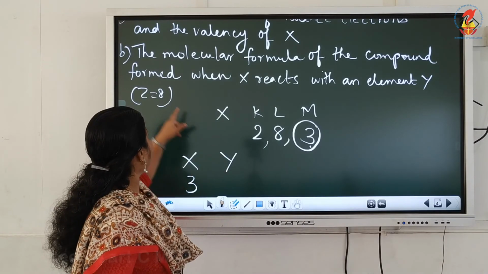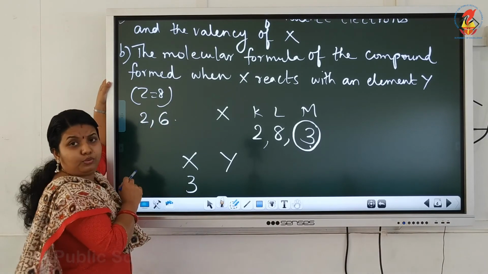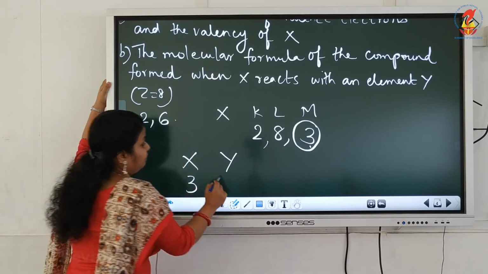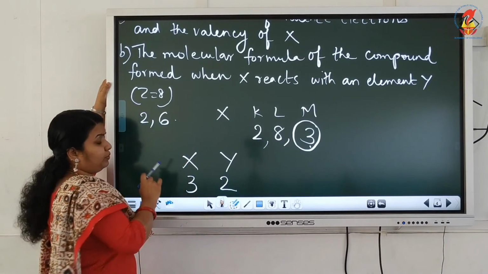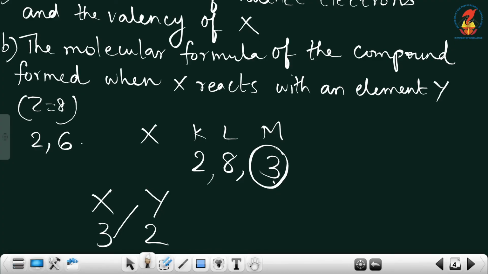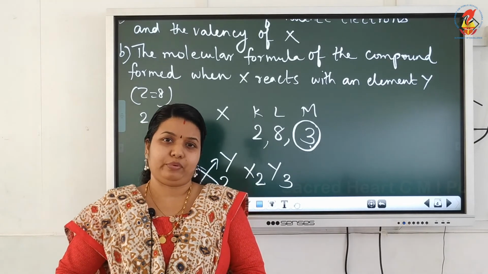Now, Y atomic number is given, so its configuration is 2, 6. What is its valency? Its valency will be 2. It needs 2 more electrons to get the configuration of neon. Now, cross over the valencies. What do you get? X2Y3. So this is how we find out the molecular formula of the compounds.